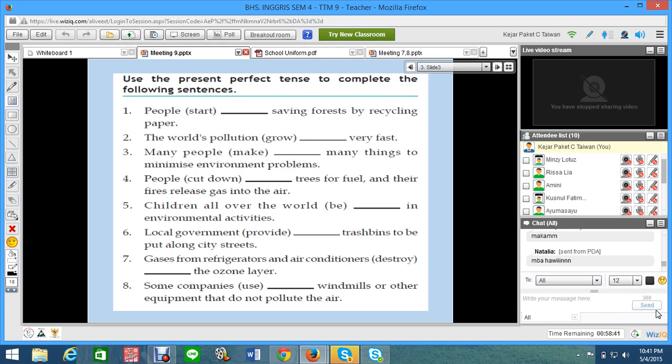Nomor 1. Actually, I'm wondering whether you have discussed about present perfect tense or not. You have discussed about that, right? Okay, we can start. Number 1, people.